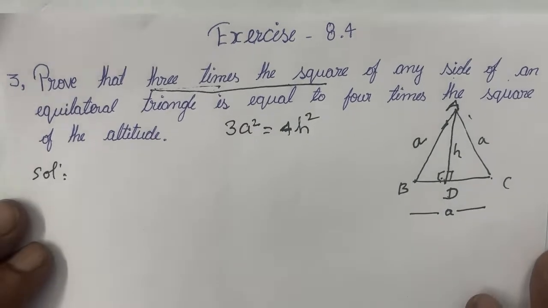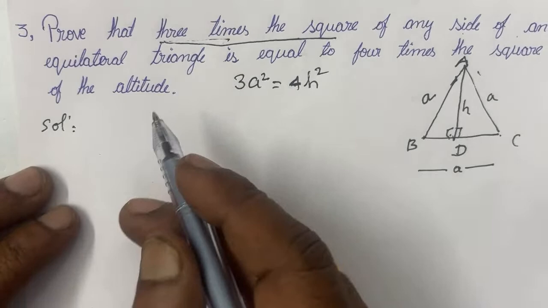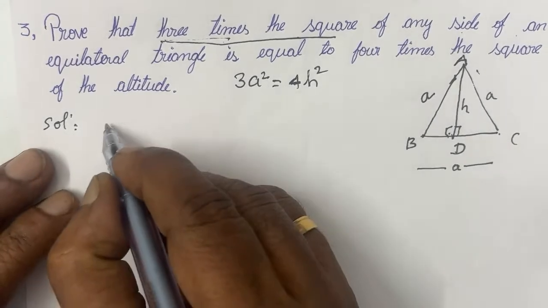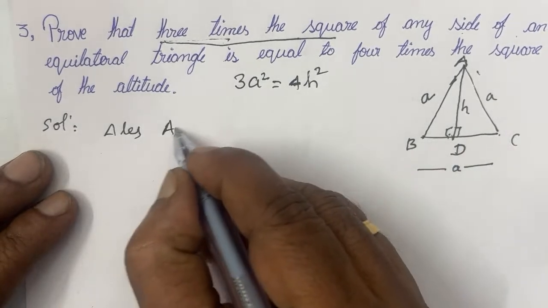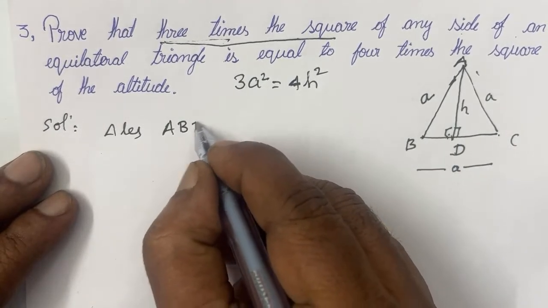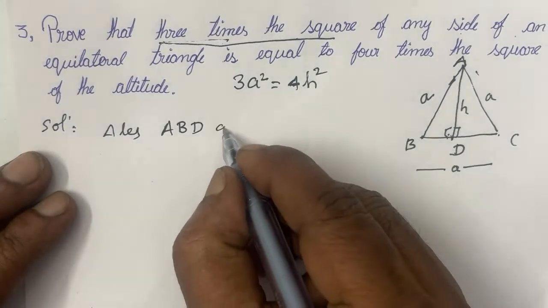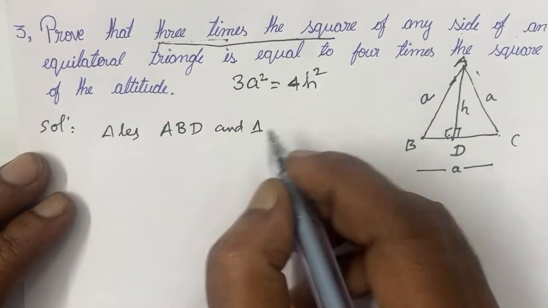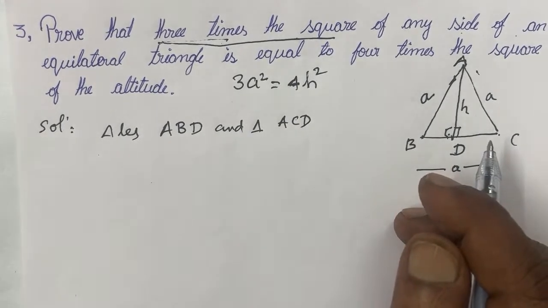So now we are taking 2 triangles here: triangle ABD and triangle ACD.